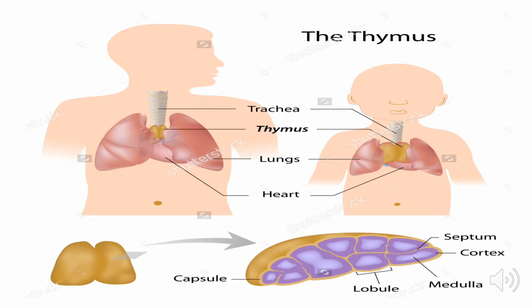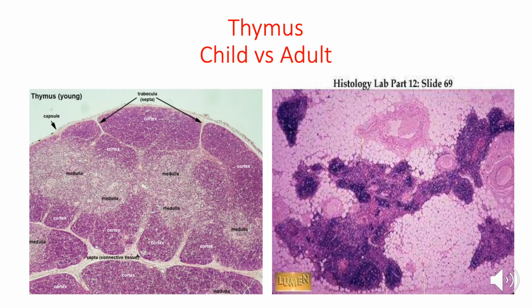Majority of the areas in the thymus will be replaced by adipose tissue. So let's try to compare the thymus of a child, left photo, and thymus of the adult, right photo. Can you appreciate that on the thymus of adults you have there adipose cells replacing majority of the parenchyma of the thymus?